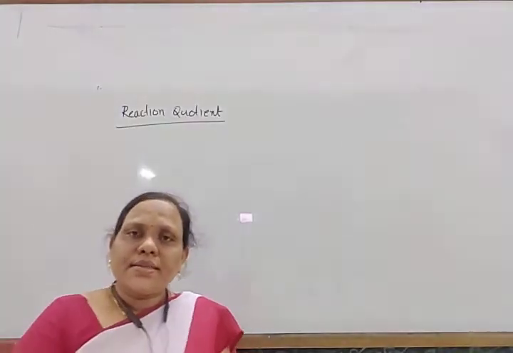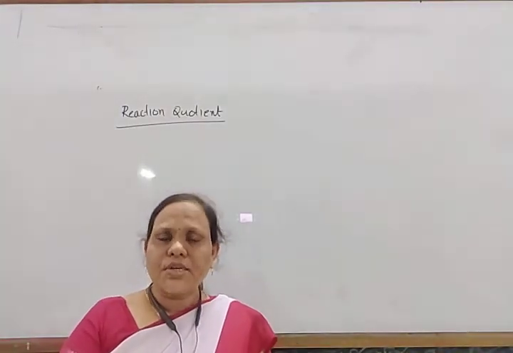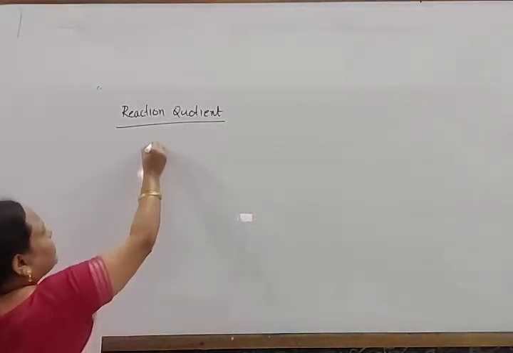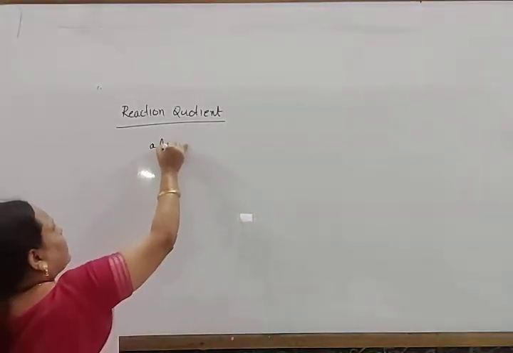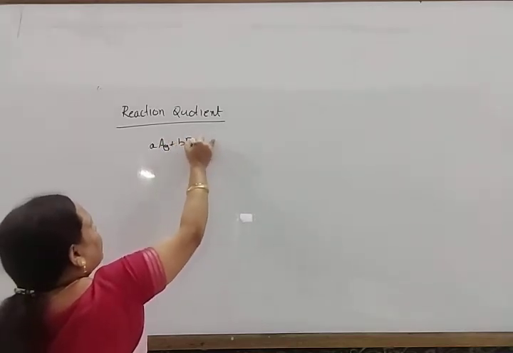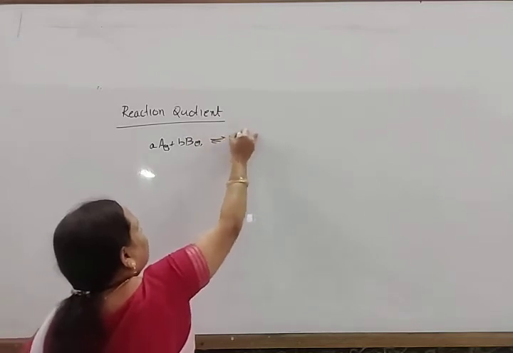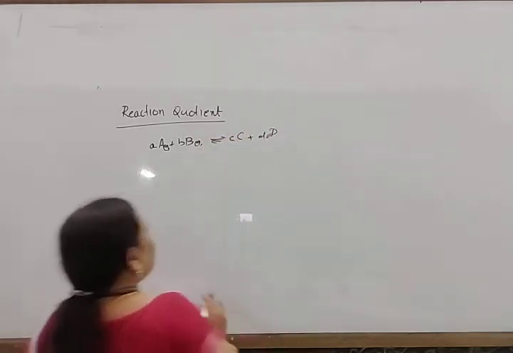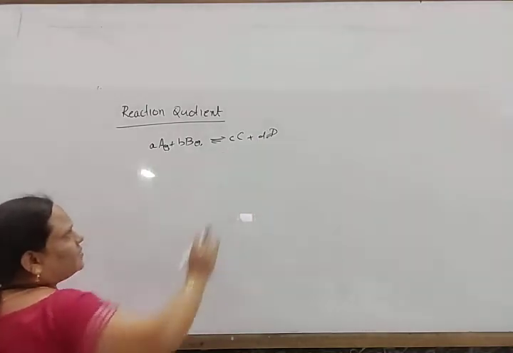Now come to another term, that is reaction quotient. So what is reaction quotient? Suppose I have written the reaction aA plus bB give rise to cC and dD. Then this is a reversible reaction.